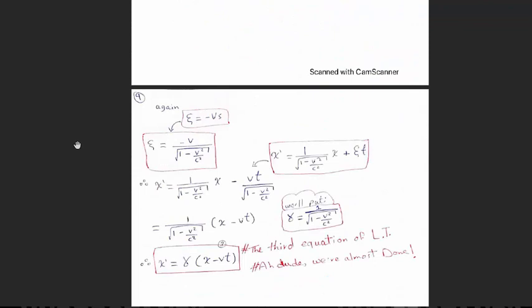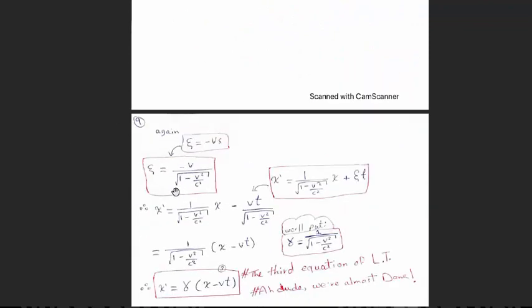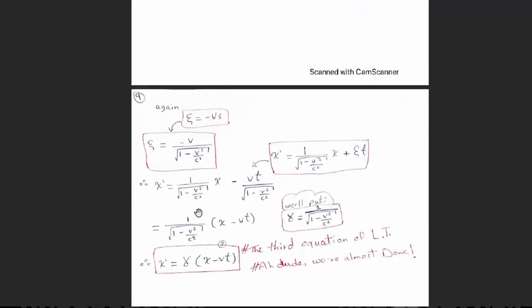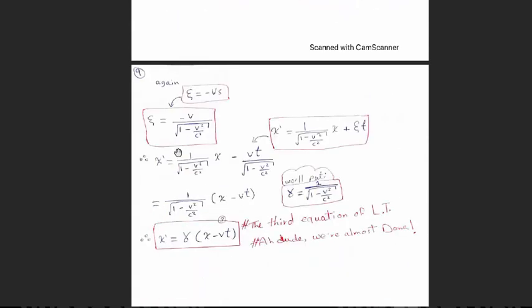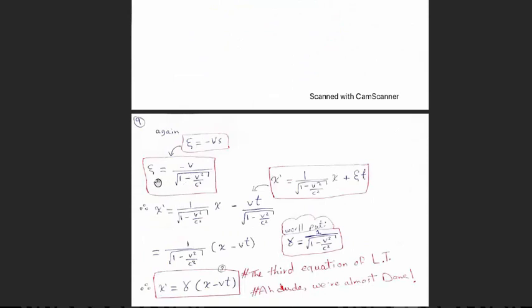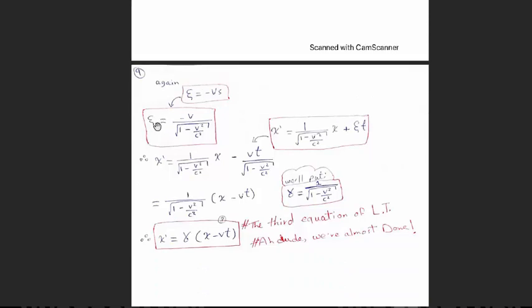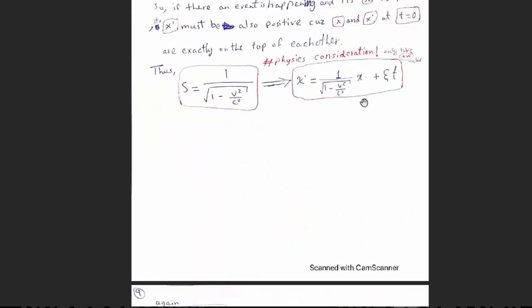Again we go to the coefficient of the other term, so epsilon equals minus vs, and we got the value of s, which is substituted here. So this is a new form of epsilon, and we substitute this new epsilon in the equation we got here.